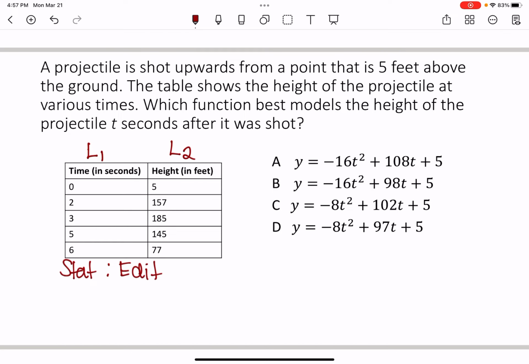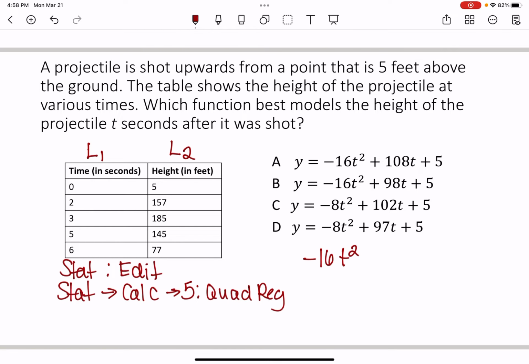Once you've done that, you click Stat, arrow to Calc, and then choose option 5, which says quadratic regression. When you do that, it'll give you the values of A, B, and C. So you have negative 16. You can write it as x or you can write it as t. In this case, it's t. So negative 16t squared plus 108t plus 5, which is answer choice A.